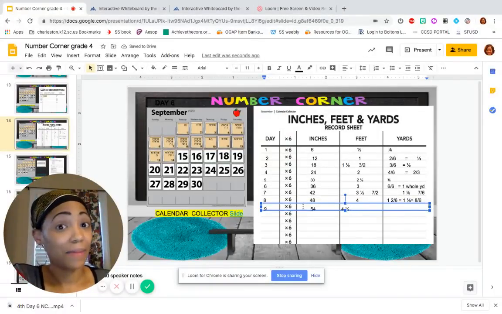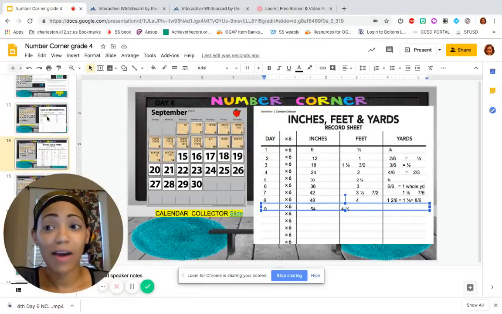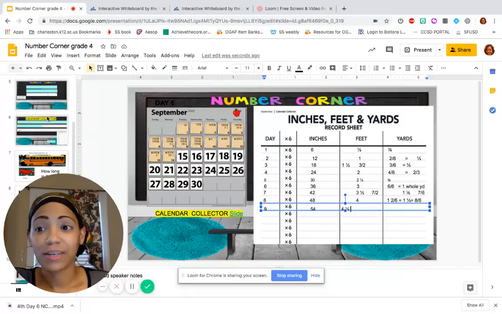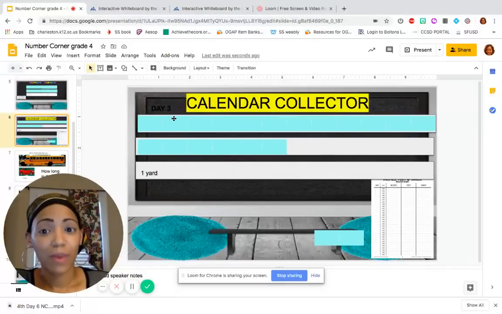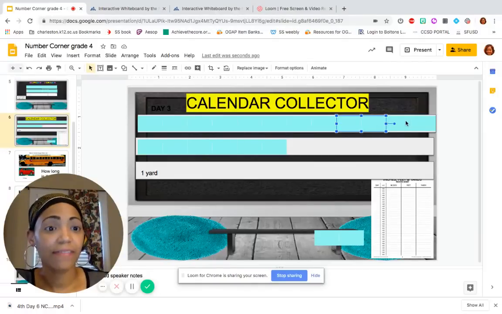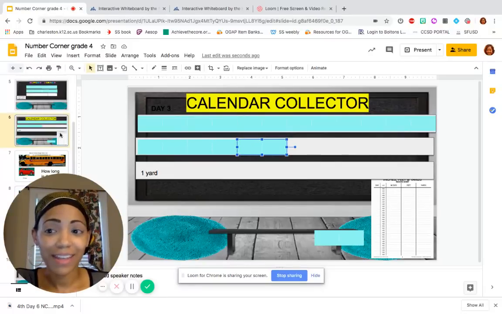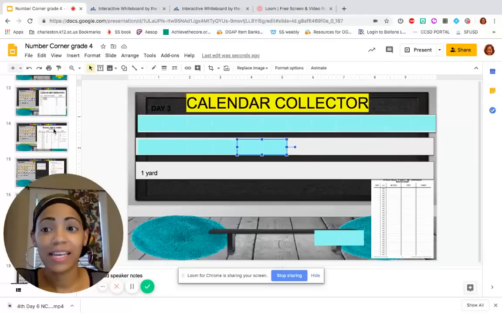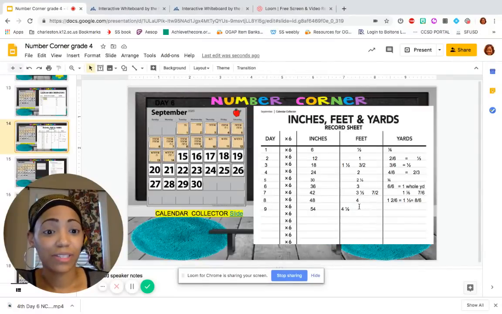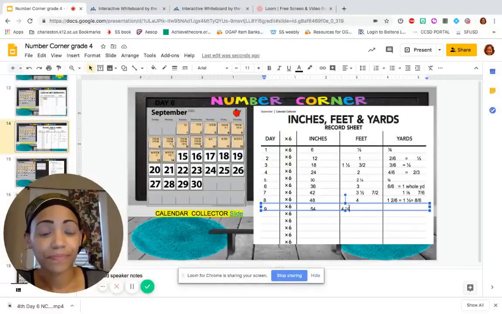Well, how many half pieces is that? Let's count them. Here we go. 1 half, 2 halves, 3 halves, 4 halves, 5 halves, 6 halves, 7 halves, 8 halves, 9 halves. So we have 9 halves, which is equivalent to 4.5.